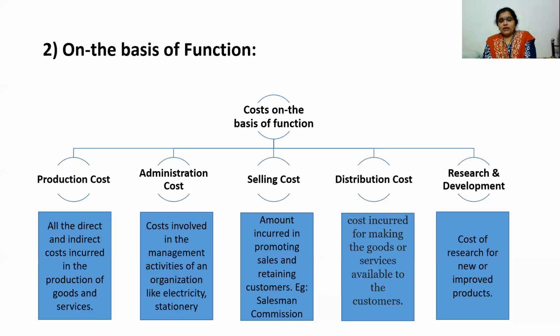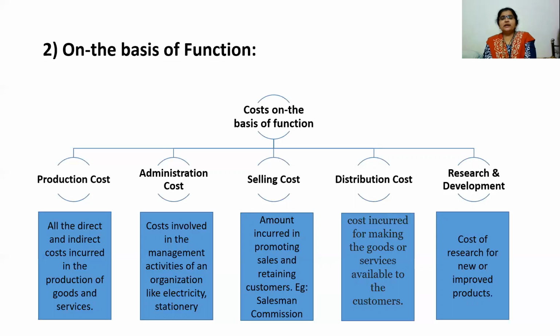Under production cost, all the direct and indirect costs incurred in the production of goods and services of a company are called production cost. Administration costs are official costs or costs of management activities of an organization, like electricity, stationery and salary of office employees, etc.